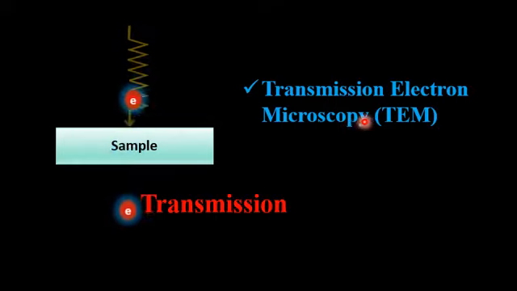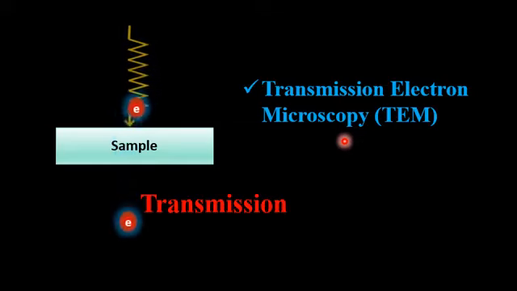So TEM uses an ultra thin material, because the thinner the material is, the easier it is for the electron beam to be transmitted through it, and you can get an image with a higher resolution.